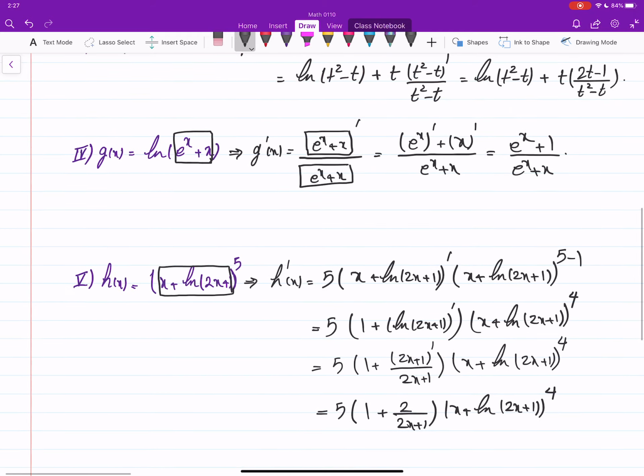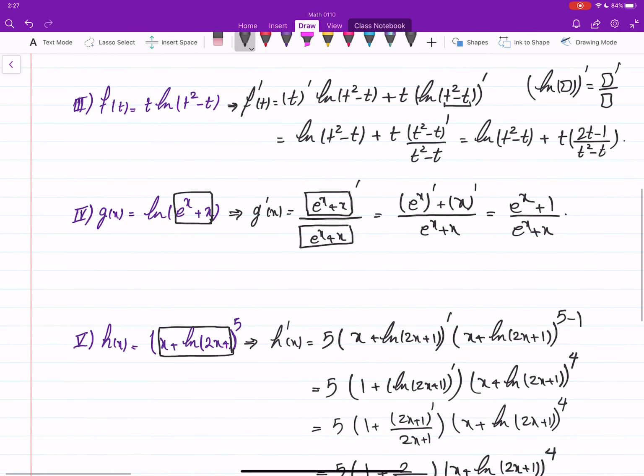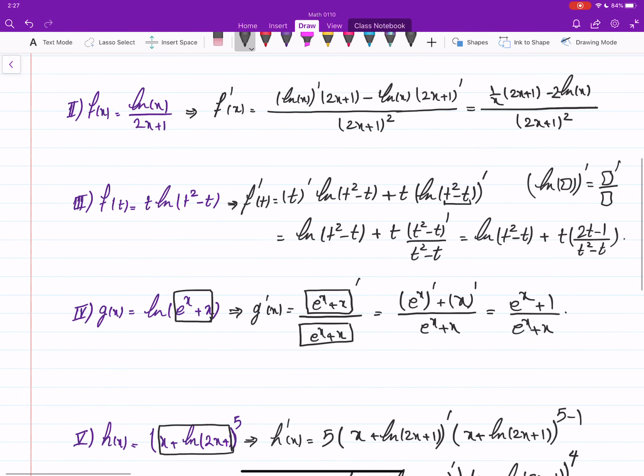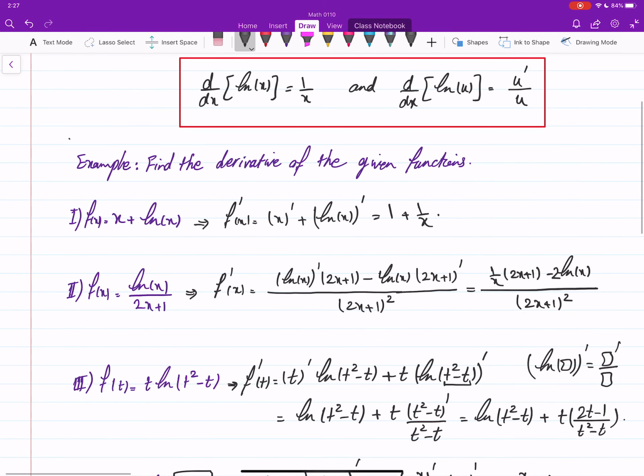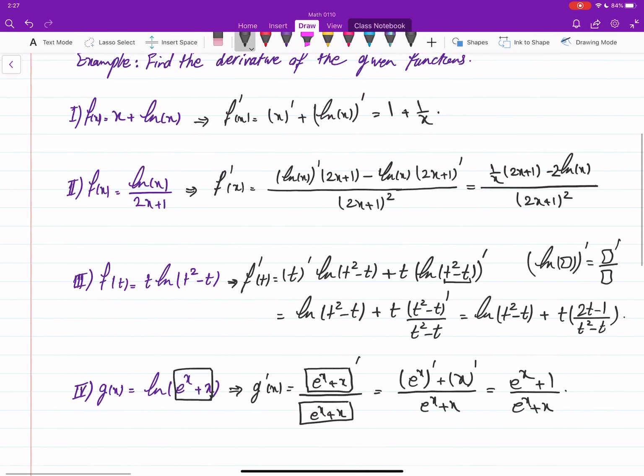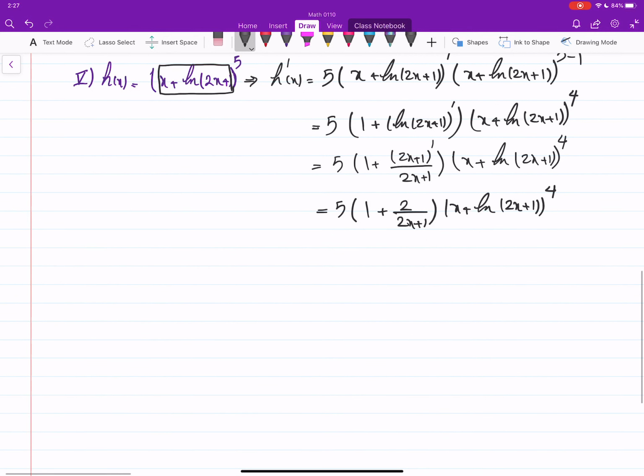So these are examples. We'll do more examples, but at this stage we say, okay, we now know what is the derivative of the natural one. How about the general base? So remember the change of base formula.